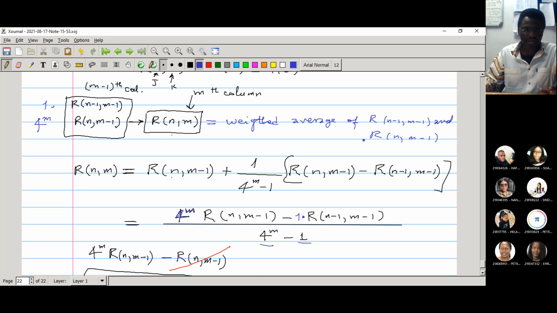So it's a weighted average. And the weight, we have 1 and 4 to the 1. So that's what we have there.